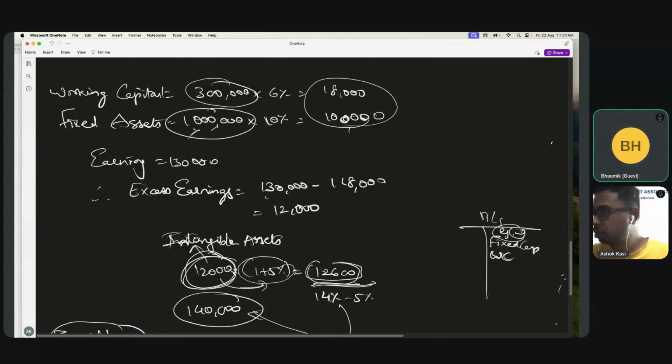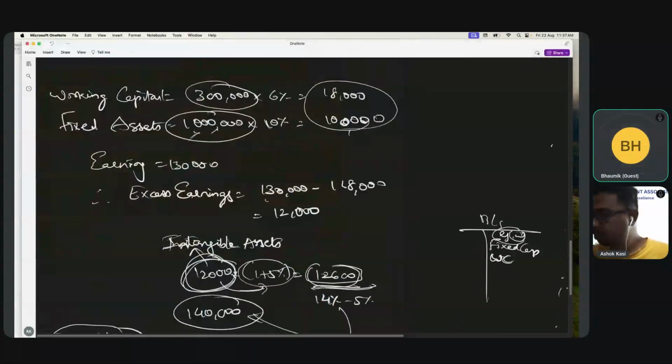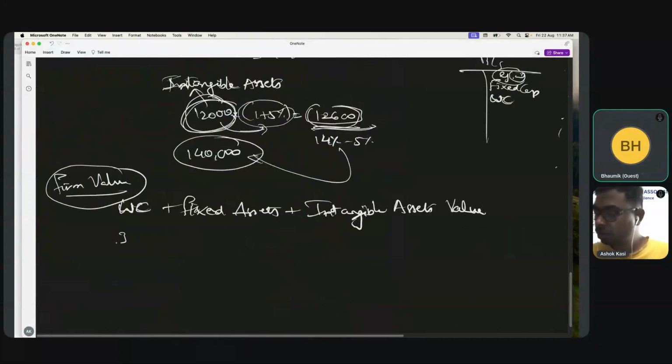But then why are we not adding net income? Wait, I'll tell you. We are valuing the firm now, we are not calculating the profits.